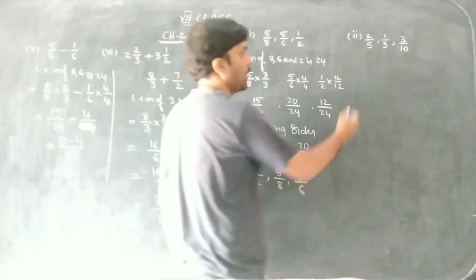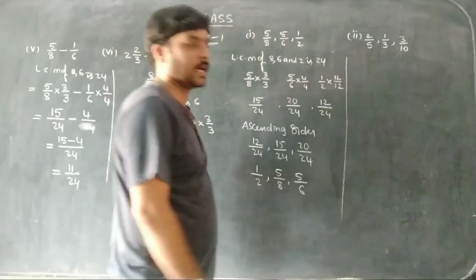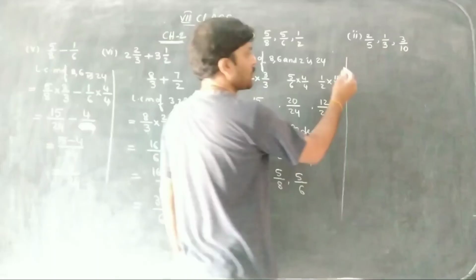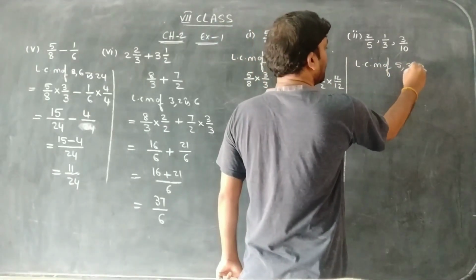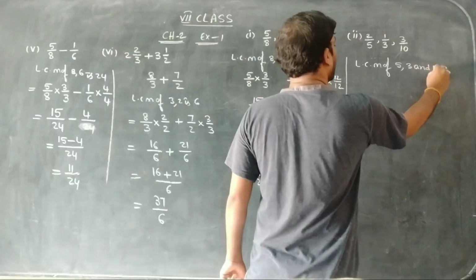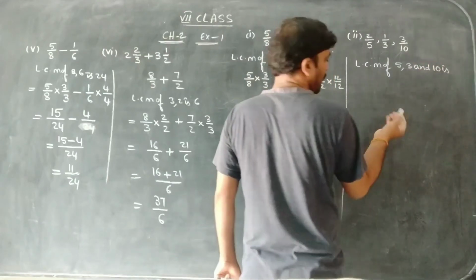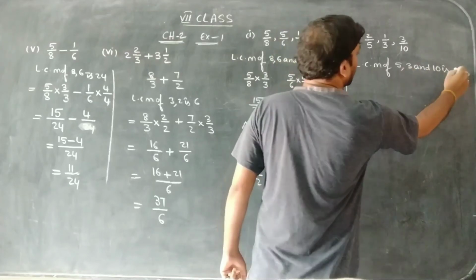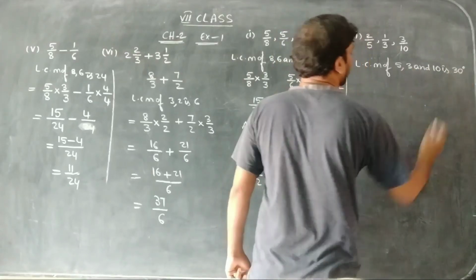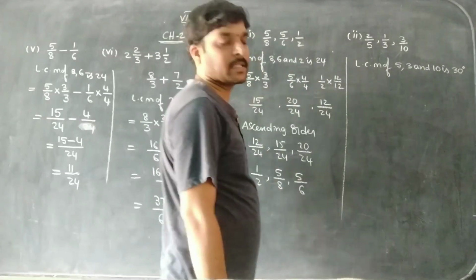Now descending order. Anyway, descending order means reverse order. Next, let us see next question. LCM of 5 comma 3 and 10 is 30. 5 3s are 15, 3 10s are 30. 30 is the LCM.